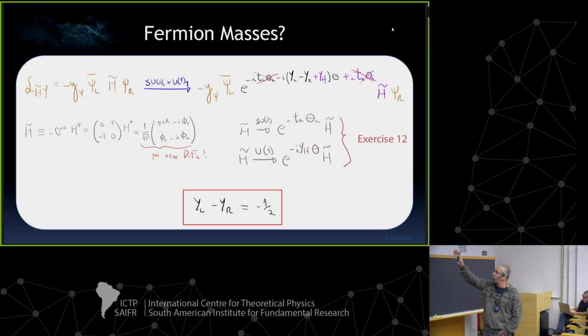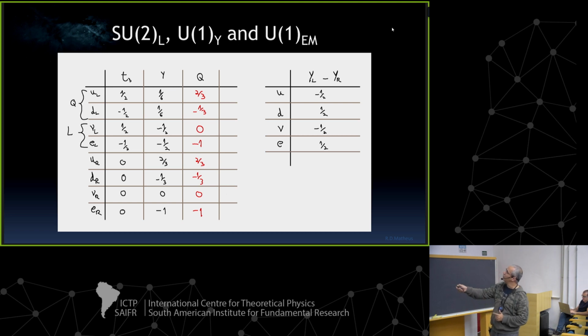So I have these two kinds of terms that I can use, and one of them will be allowed or the other depending on the hypercharges of these two guys, the left-handed part and the right-handed part of the fermion. So I can go back to that table and take a look. I can take the up left here, compare with the up right, down left with down right, neutrino with neutrino right, etc., and subtract the hypercharge of the left part from the hypercharge of the right part, and that's what I get.